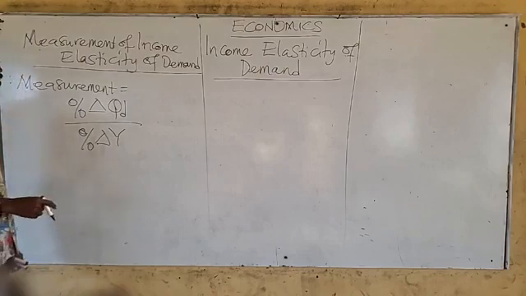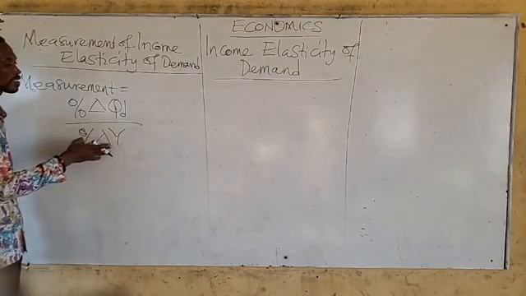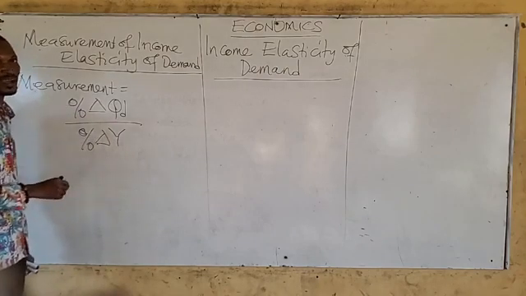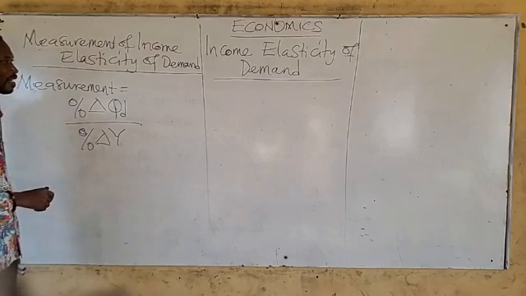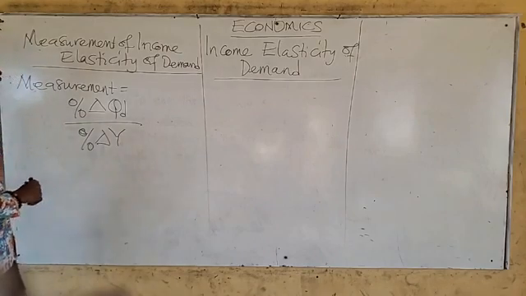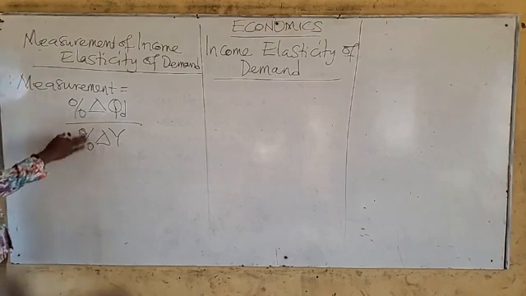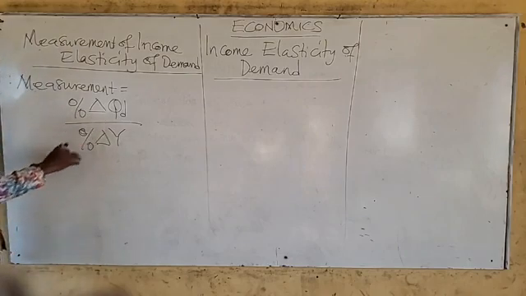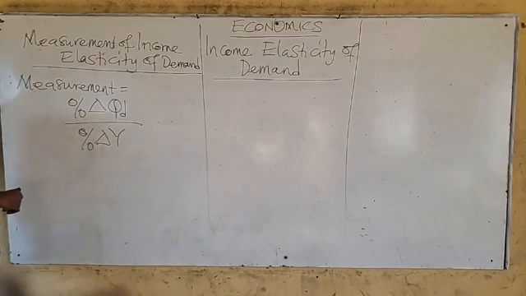And as I told you the last time, I represent income with Y. So if you want to measure income elasticity of demand, this is the formula you should use.